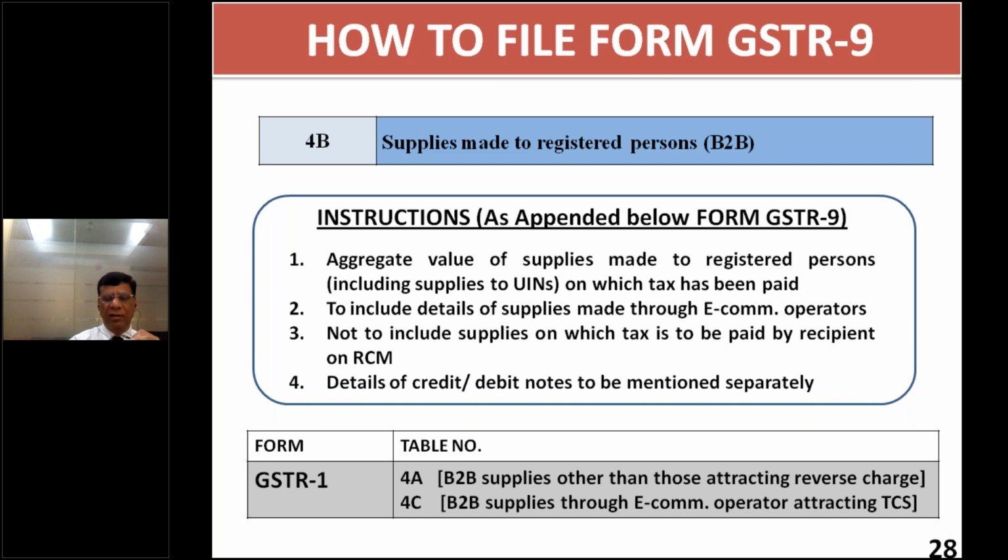B2B supplies other than those attracting reverse charge are contained in 4A, and B2B supplies through e-commerce operator attracting TCS are contained in 4C. So from these two tables, I have to bring this information and put at place at 4B.